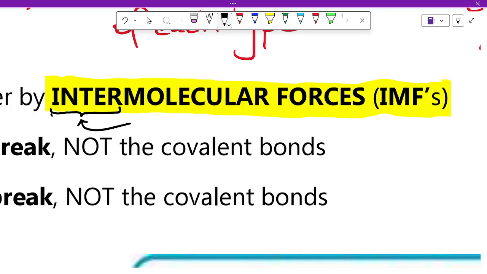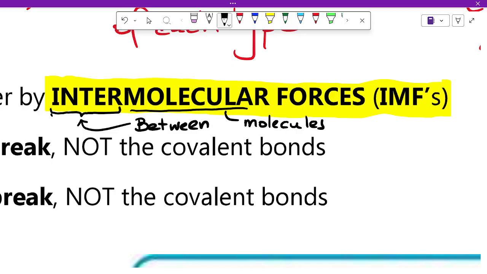Inside, you're really close. In between. So if you go on an international flight, you are traveling between nations. Between molecules.